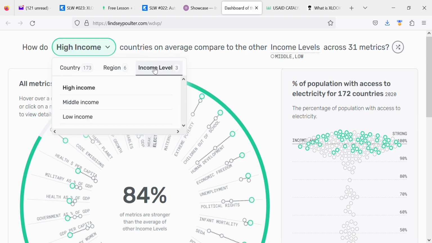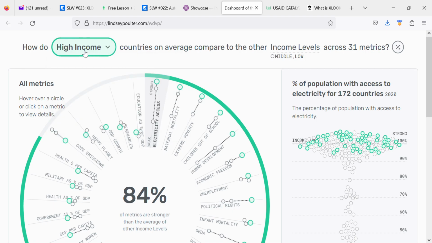Under income level there are 3 levels: high income, middle income and low income countries. Currently I've selected high income countries, which compares countries on average against other income levels across 31 metrics.